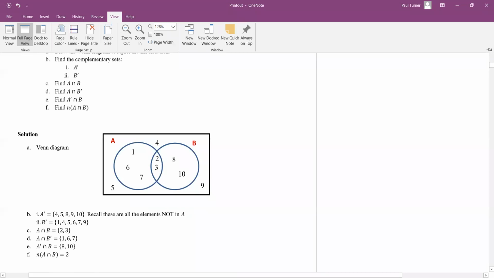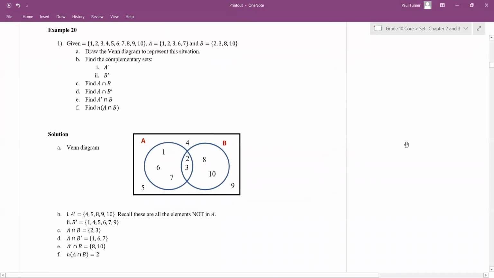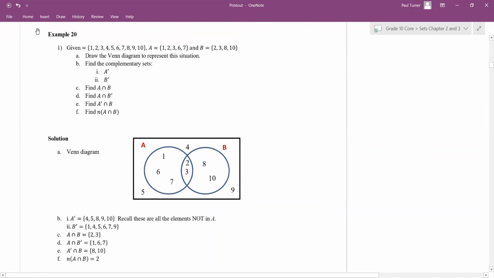Okay, I hope you can read that all right. So you've got a set here. Let's see how this example works, and you can do some more tomorrow. We've got a universe. Actually, I'm missing the universe. That's the universe, 1 to 10.